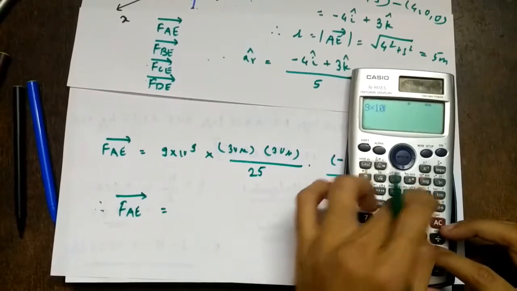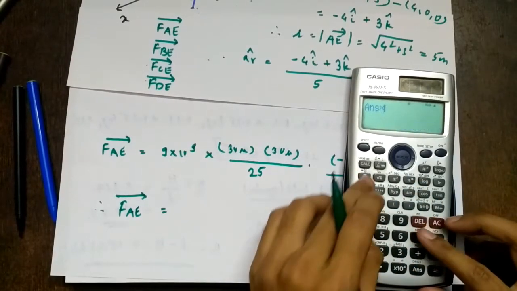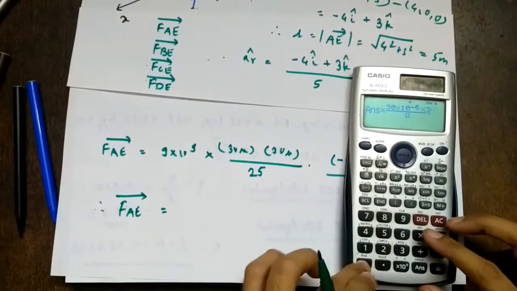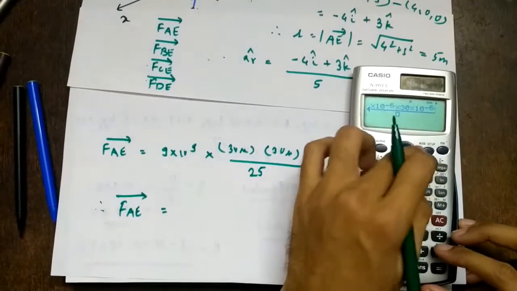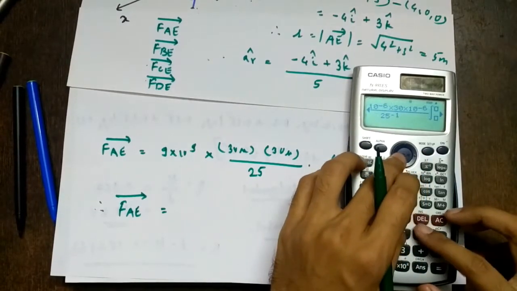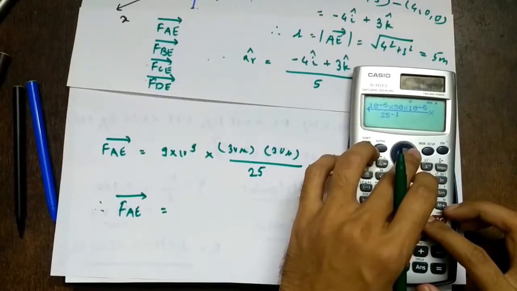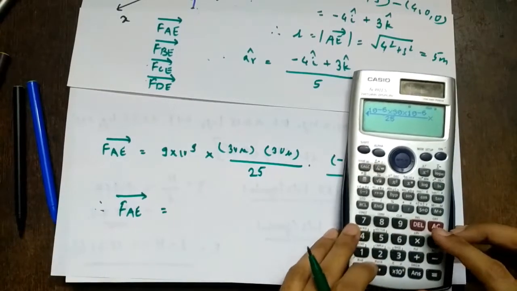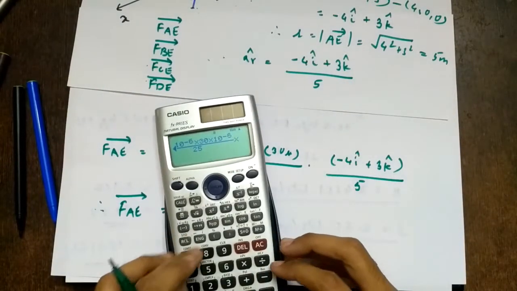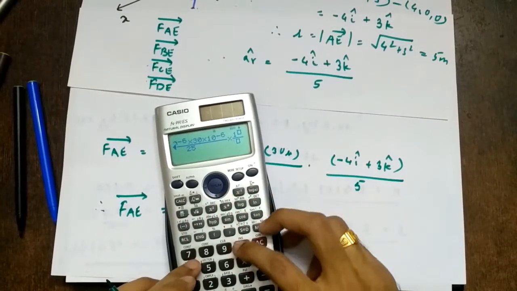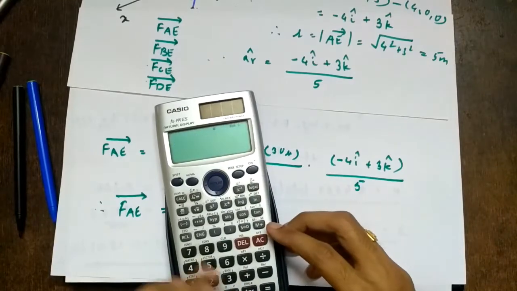So 9 into 10 raised to 9 into 30 into 10 raised to minus 6 into 30 into 10 raised to minus 6, upon 25, into 1 upon 5. Why?